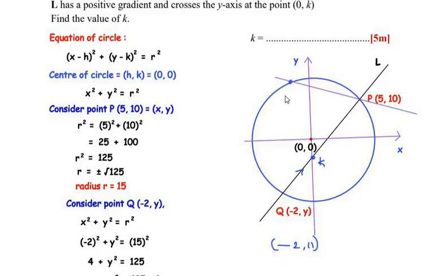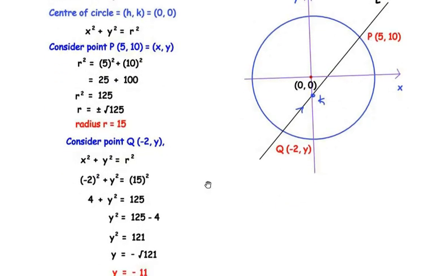Now remember that if a line goes upside down, if we look from left to right, then the gradient is going to be negative for such lines. But here in the question it was given that the line L has positive gradient, so this cannot be the coordinate of point Q. So here we have considered the y coordinate of point Q as negative 11. So if it is negative 11, the point is going to be over here, that is -2 and -11. So this is one of the concepts you have to understand.